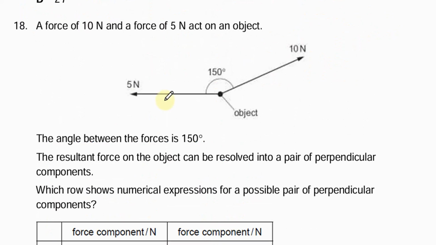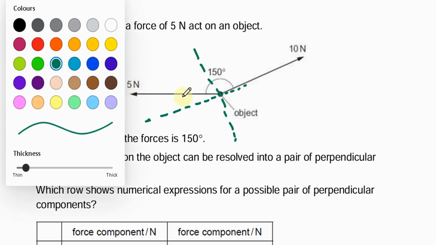Let's now consider a different set of perpendicular components for these two vectors. I'm going to draw a plane here, like this, and we have another plane perpendicular to it, this way. Let's work out the components of the 5 Newton force in these planes.